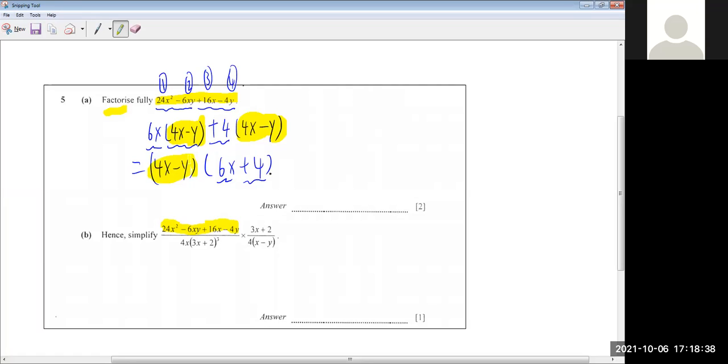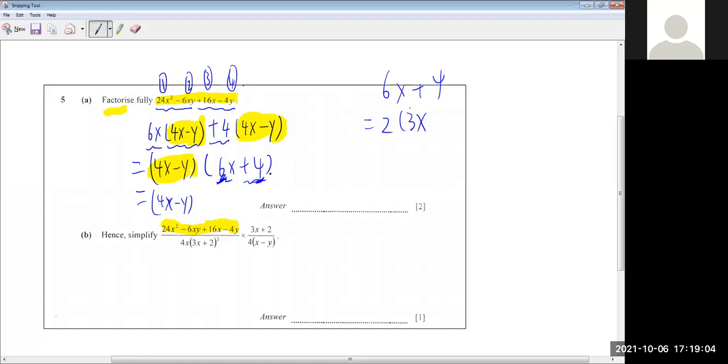In fact, you can actually factorize it further. Why? Because can you see that there is a 2? 4x minus y is the simplest already. But can you see that there is a 2 in this 6 and 4? So if I ask you to factorize 6x plus 4, you can take out a 2, right?